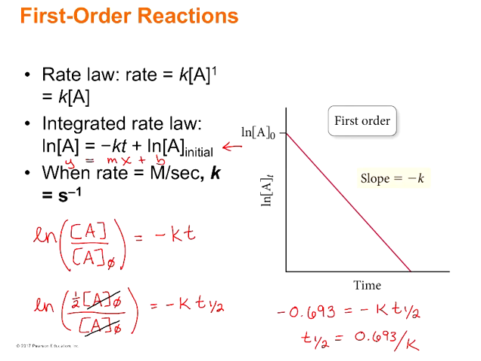So if we plot the natural log of the concentration of A versus time, that's going to give us a straight line. And from that line, well, we would hope it would be a straight line, right? But from that line, we should end up with our slope, negative k. And that's one way, of course, that we can find the rate constant for a reaction.